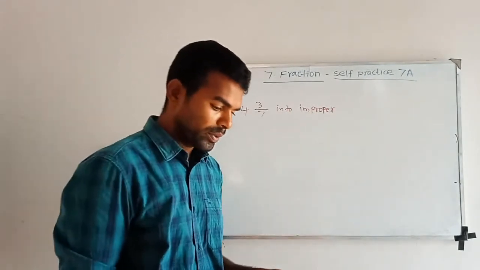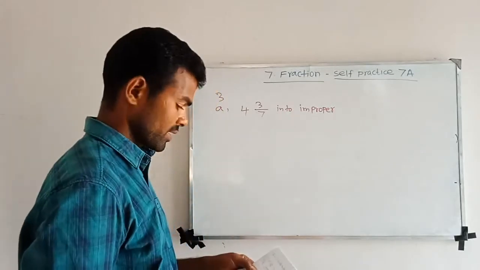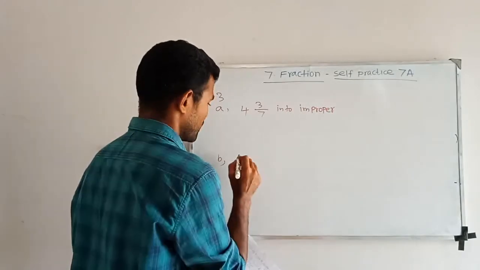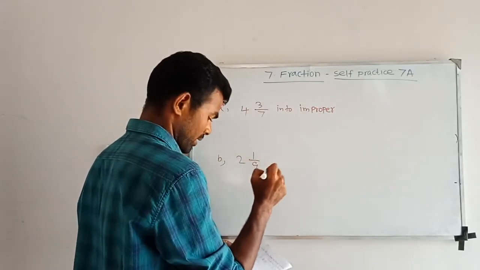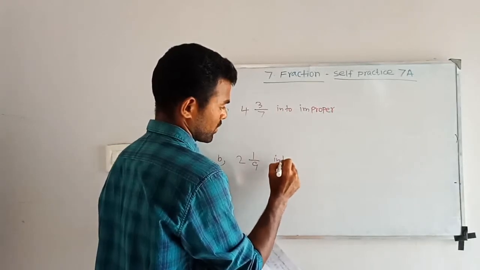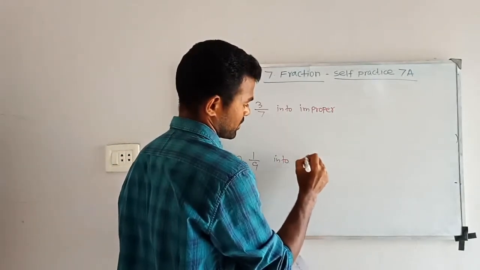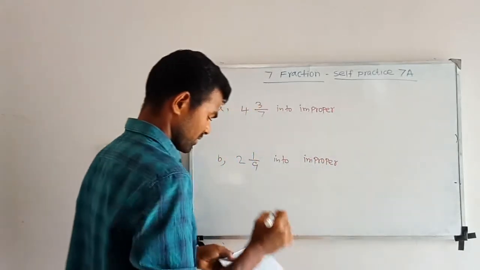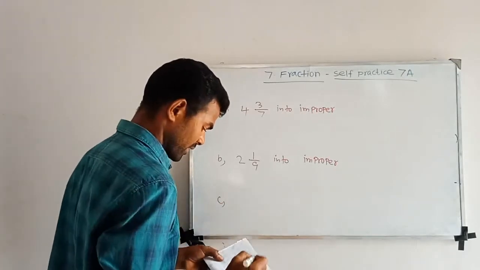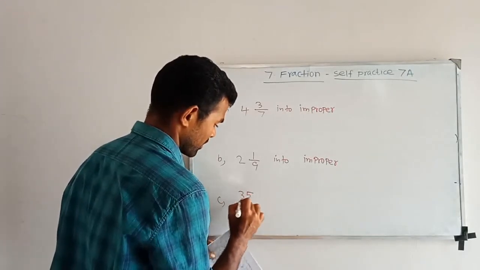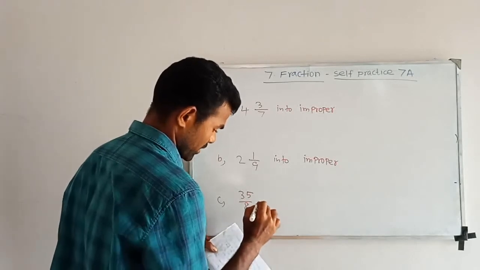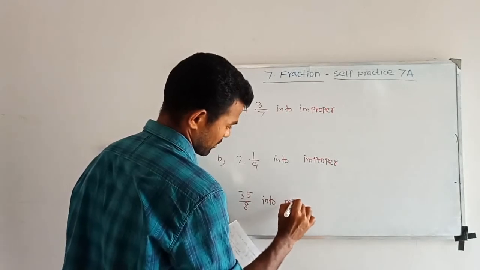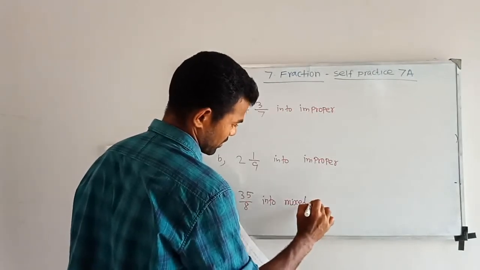And B is 2 and 1 by 9 into improper fraction. For C, it is given 35 upon 8 into mixed number.